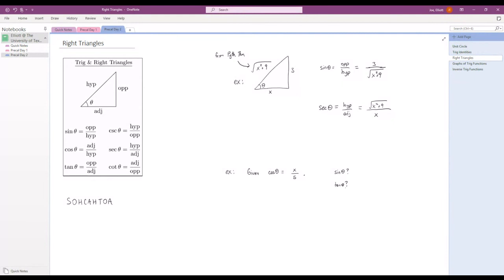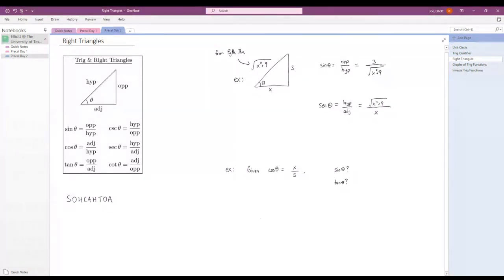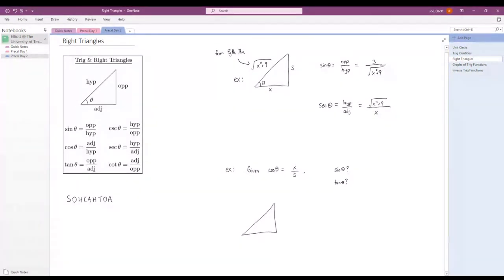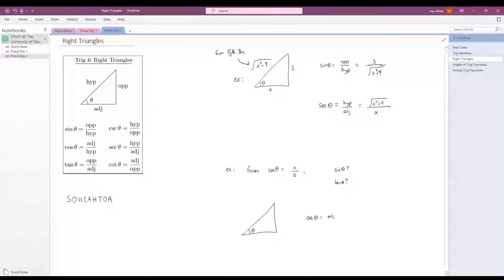So one way you can think about how to figure out what sine and tangent are is to construct a triangle to help you visualize the problem a bit more. Let's mark this angle as theta. We know that cosine is the adjacent over the hypotenuse.